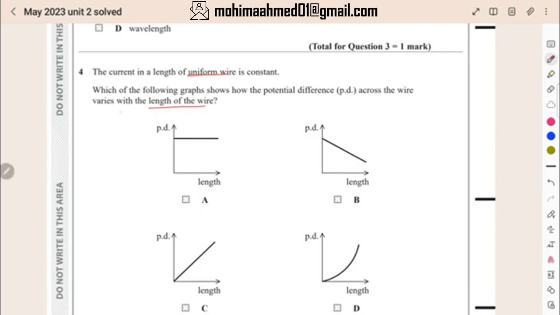So I'll just write it down. Whenever length increases, electrons need to travel a longer distance.